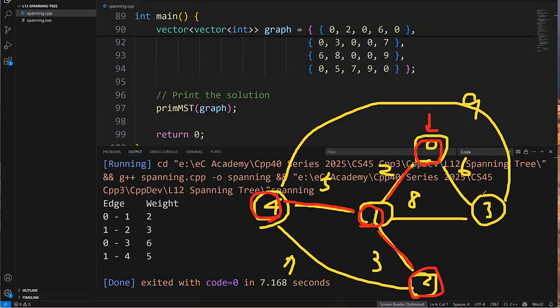Now you only have 9, 6, 8 to pick. You pick 6. So with that, you pick 0-1, that's 2. 1-2, that's 3. Then 0-3, that's 6. And also 1-4, that's 5. That's the minimum spanning tree.